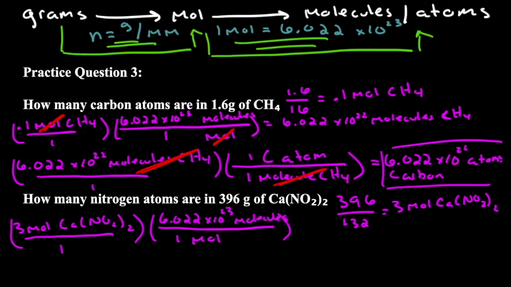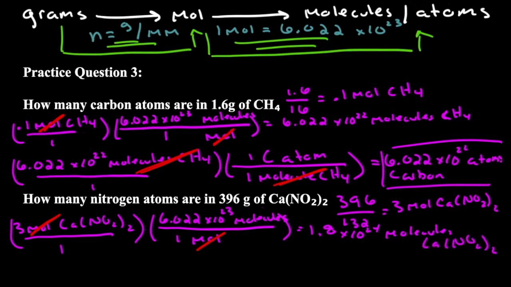So this time we're going to have moles and moles here cancel out, and we'll have 3 times Avogadro's number, which is going to be 1.8 times 10 to the 24th power, and that's going to be molecules of that chemical. It's CaNO2, and we have 2 of them.